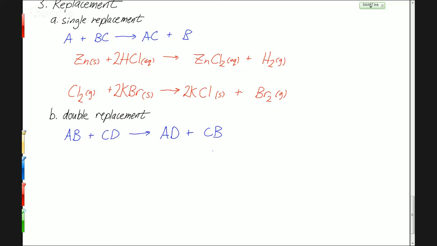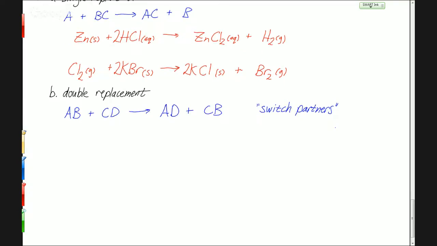So you have cation, anion, cation, anion. The cations take the other anions. Let's look at some examples of that.